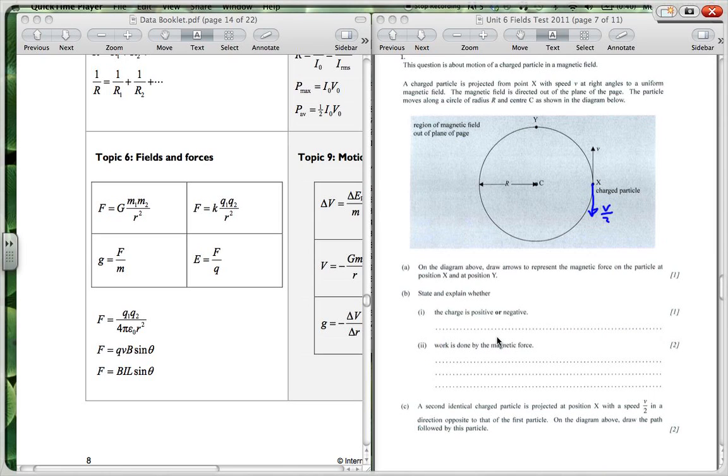Now, obviously, because it's going the other direction, the force will be in the other direction. You can use your right-hand rule in this. Your current will now be in this direction because this is a negative charge, remember. So if you use the right-hand rule, you've got your fingers in the direction of the magnetic field out of the board. You've got your current up, and you'll see that you're going to have a force on this particle. It's going to be in this way.